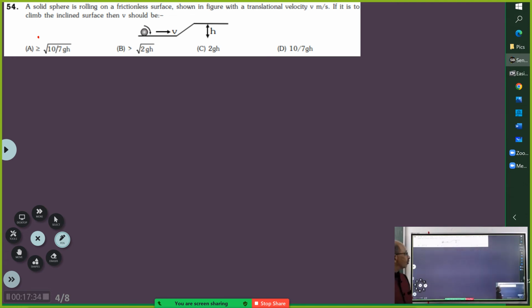In the options, is GH in the denominator or is it multiplied? I don't know all that, I am just prompting you. I also don't know the answer. See, I looked into these problems a week ago, so I have forgotten all the solutions. After solving, I tear the page and throw it because I want to take up the challenge. As I keep telling you, then only I will learn.